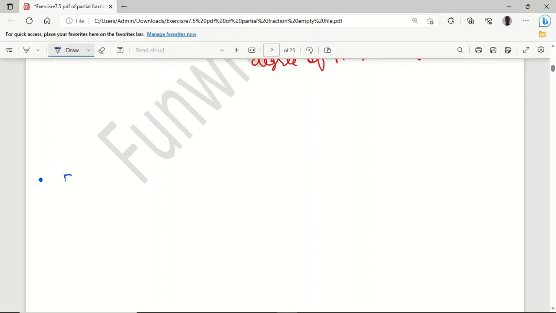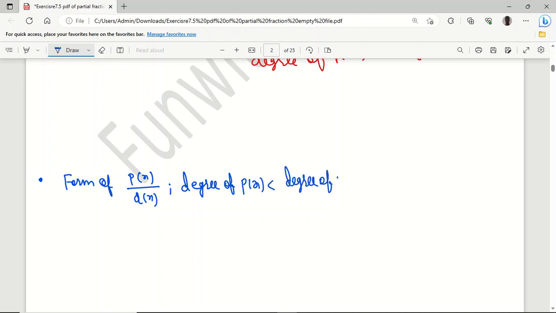The form is p(x) upon q(x), where the degree of p(x) is smaller than the degree of q(x). On this side I'm writing the partial fraction.